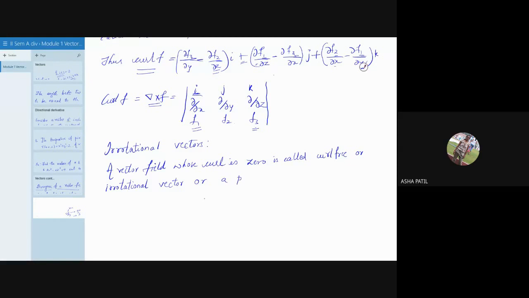Irrotational vector, it's also called as a potential field. Those are the different names whenever we have curl equal to 0.